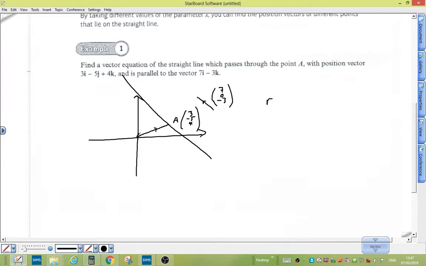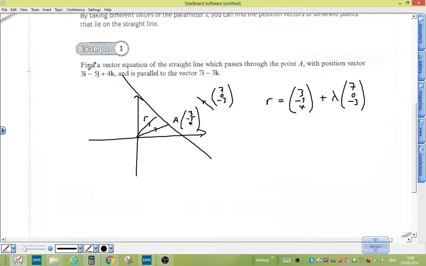The general point R is written as 3, minus 5, 4, and then plus lambda lots of your 7, 0, minus 3, which is your direction vector. And if I could simplify that, I probably would. I can't, so I'm accepting that.